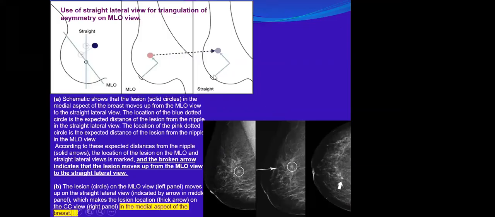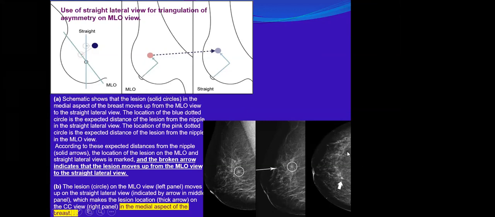But when you put the nipple at the same vertical position, you will see the lesion here in the MLO, and here in the straight lateral it went up. Look here, it went up.